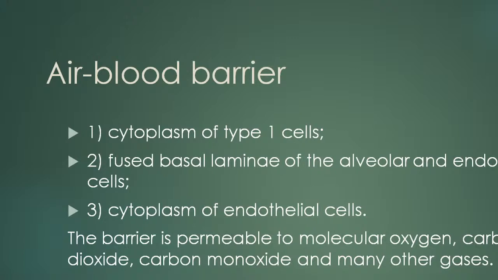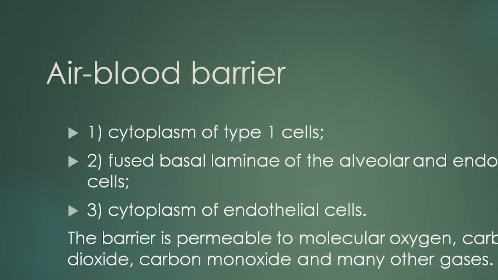It exists to prevent air bubbles from forming in the blood and blood from entering the alveoli. And it is formed by the next layers. First of all, don't forget that alveolar cells type 1 are covered by surfactant. So we can say that surfactant is a part of the air-blood barrier too.